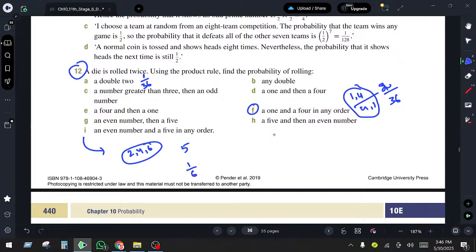This is 1 over 6, this is 3 over 6. It is a product rule, so it is 3 over 36. But when it comes to here and here, you have to multiply by 2. It is 6 over 36. The answer is 1 over 6.